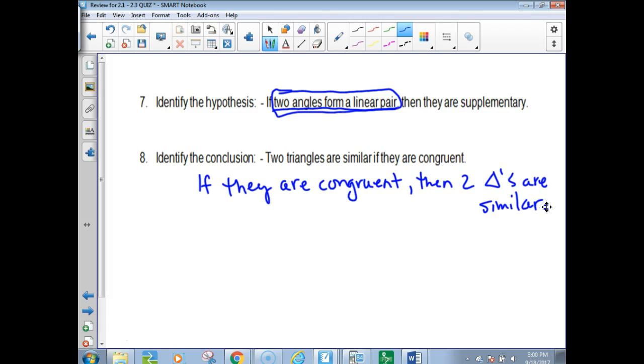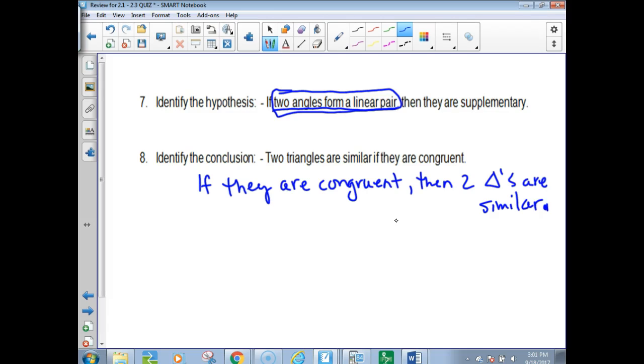Okay, now, what is the conclusion then? Angel, what's the conclusion? Okay, but in these problems, it's a very specific part of the sentence. So the conclusion will be after the then.